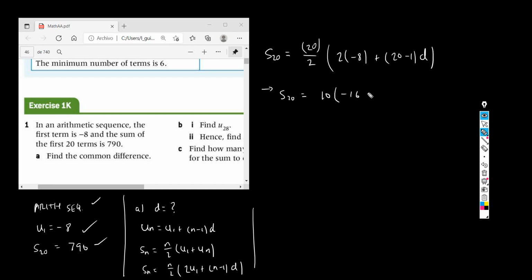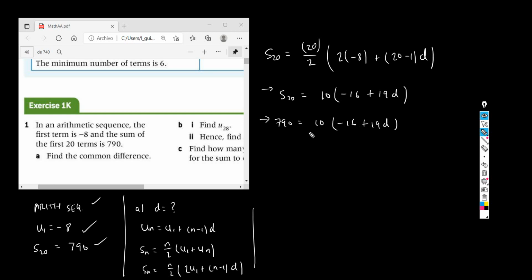You're gonna have this 19D, there you go. And you know that S20 is 790. So you will get this, as you can see, right? And you can pick it up from here. I'm not gonna be finding D for you. I mean, well, sometimes I will, sometimes I won't.